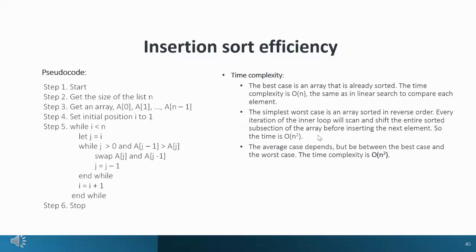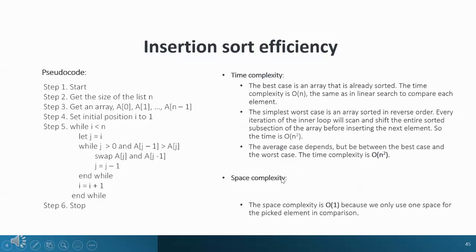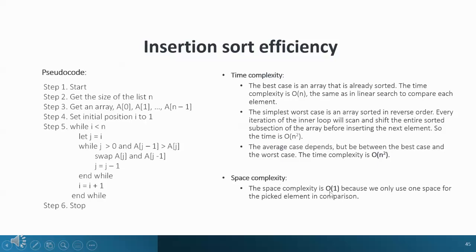For the average case, it's somewhere between the best case and the worst case, so the complexity is O(n^2). About space complexity, it is big O(1) because we only use one space for the picked element in the comparison.